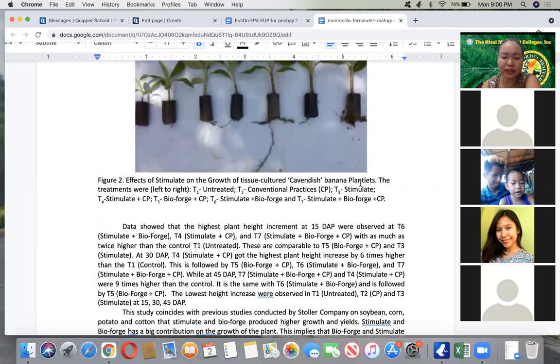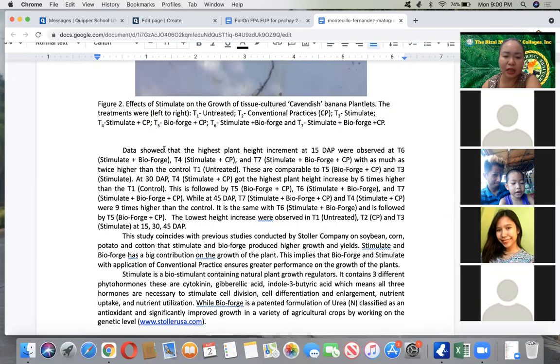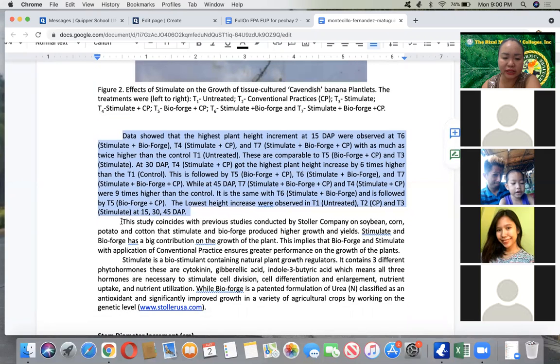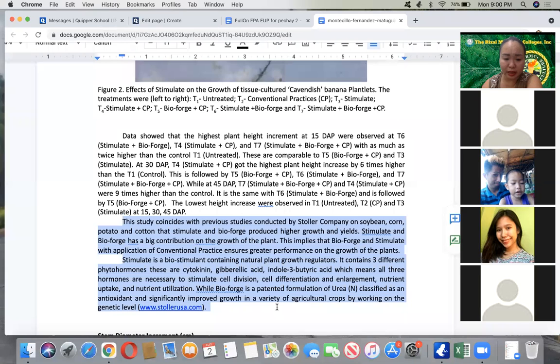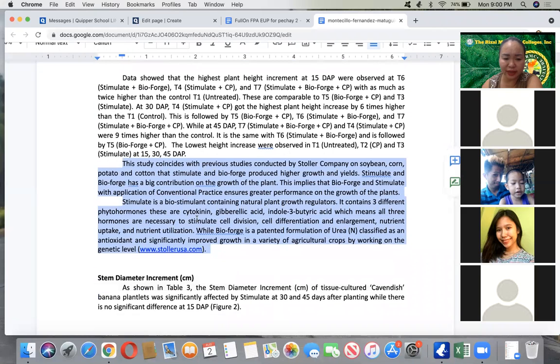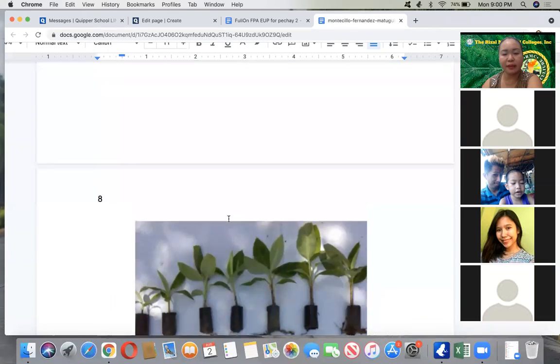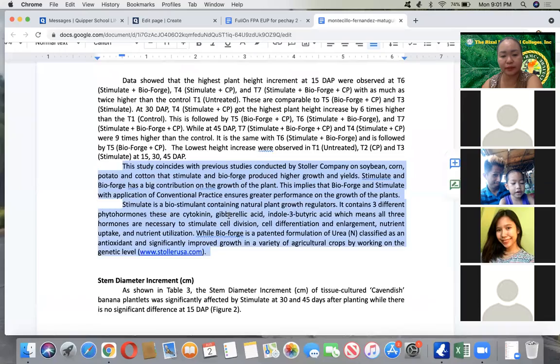After the title, you need to state what these treatments are, and then what it means. And in the discussion, you say the study coincides with the previous study, and an explanation of the function of the stimulant. So it is a bit longer compared to the EUP report.